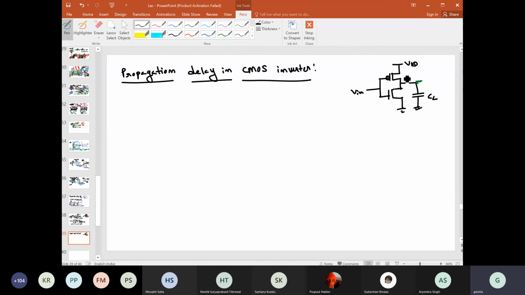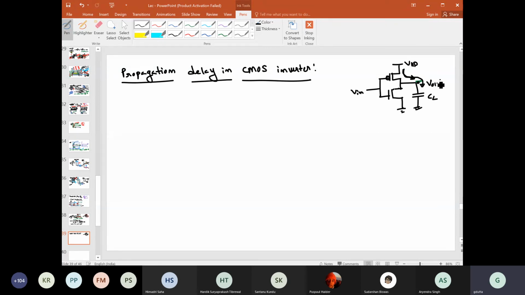Here we have seen how to take this first order RC approximation and try to find the delay. To change the output voltage from low to high, that is only possible when the current is flowing like this, charging this capacitor through PMOS.